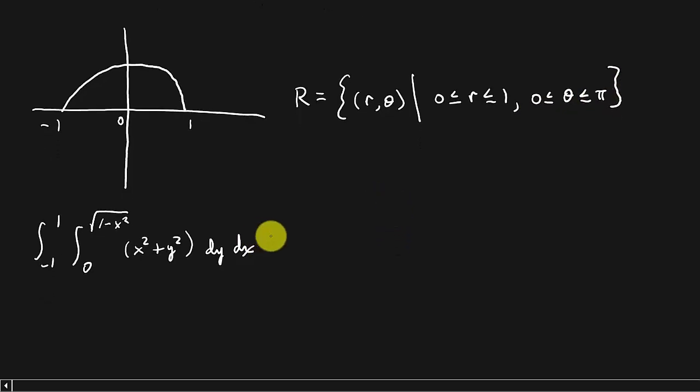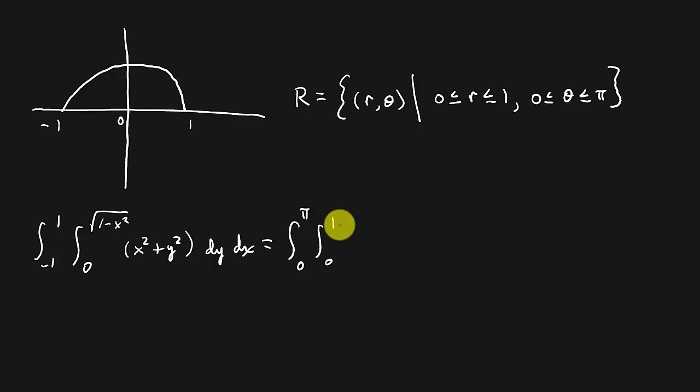All right. So this is going to be the double integral. What coordinates are going on the outside? That's going to be your theta. And then r limits are going to go from 0 to 1. So the limits for theta on the outside, the limits for r on the inside.